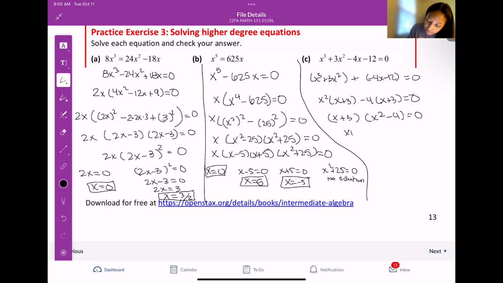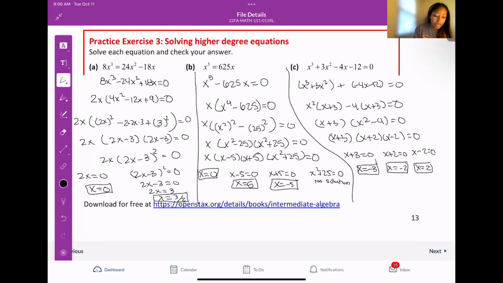So this would be x plus 3 times x plus 2 times x minus 2 equals 0. Now that we've factored as much as we can, zero product property. Set each of these factors equal to 0 and solve for x. We get x equals -3, -2, and 2.